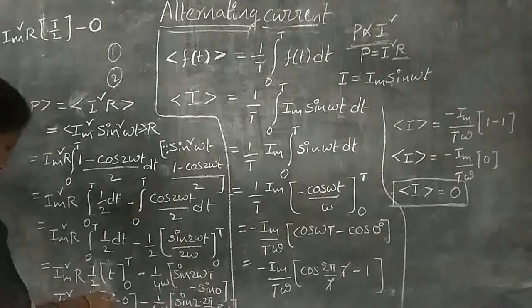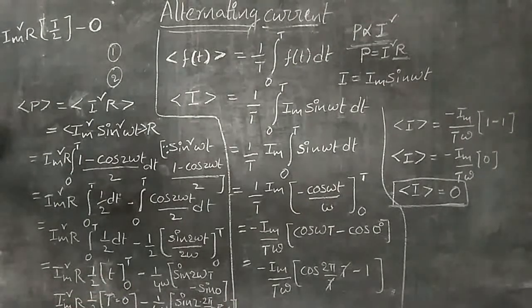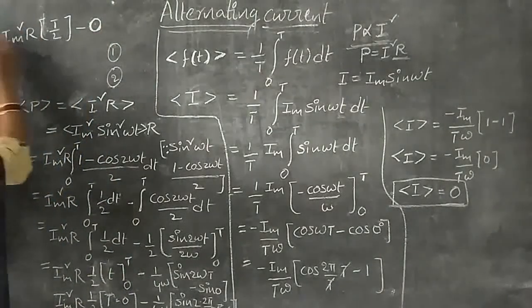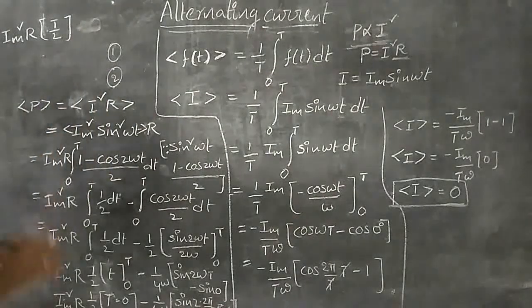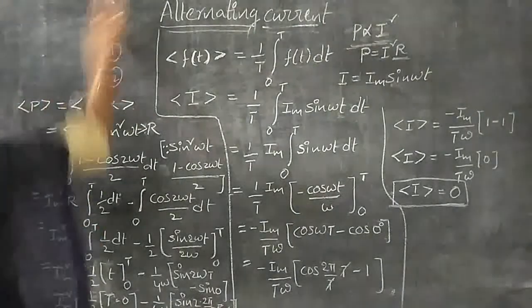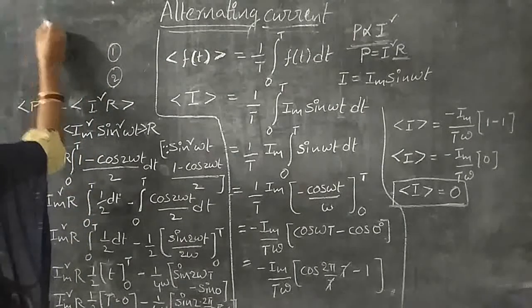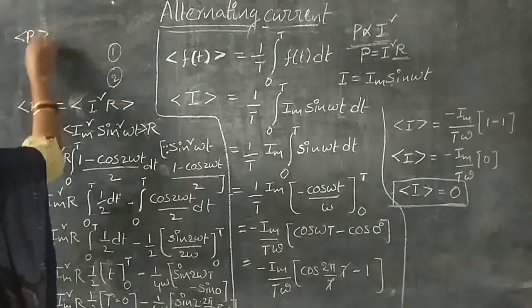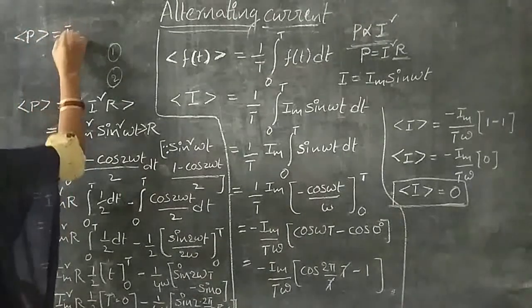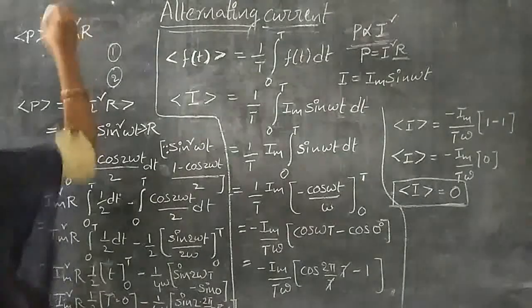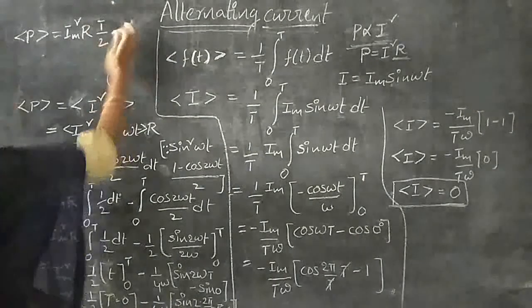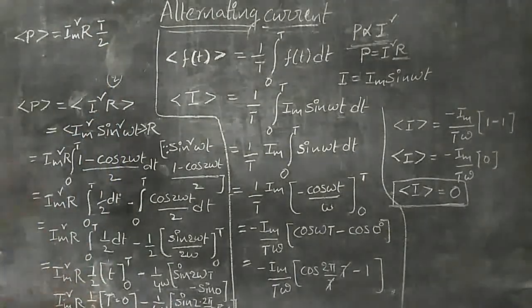From this, what is the average value of power? The average value of power is equal to Im square R into T by 2.